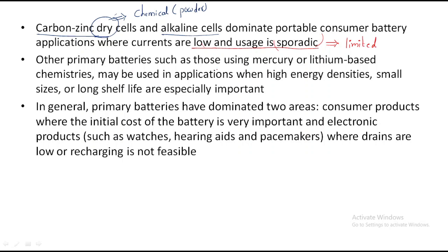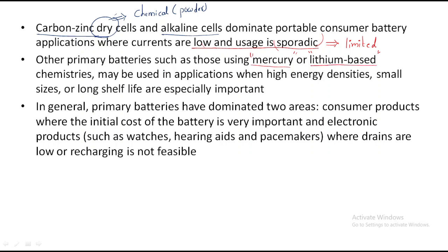Other primary batteries, such as those using mercury or lithium based chemistries, may be used in applications where high energy densities, small sizes and long shelf life are especially important. So we have another battery, the mercury battery, and another one, the lithium based chemistries.